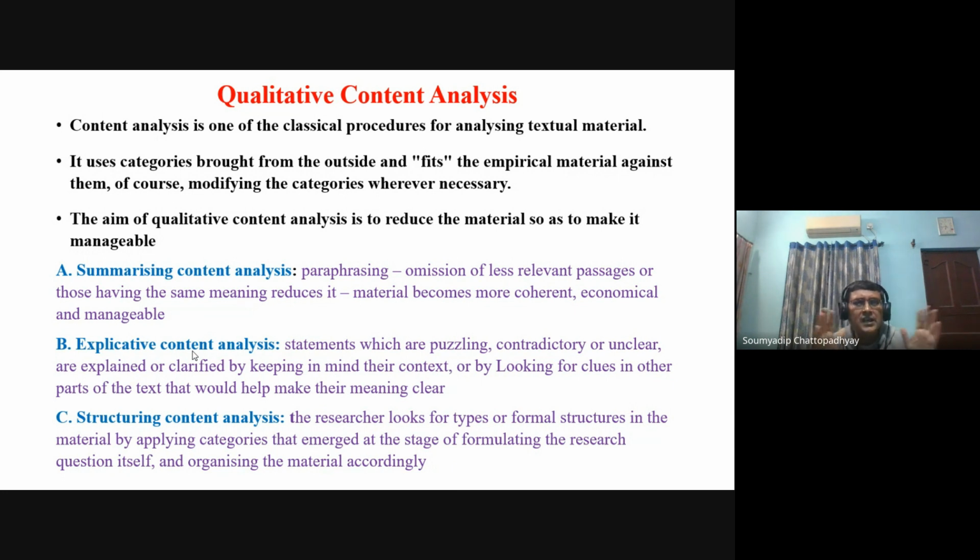Through my lecture today, I have tried to discuss some of the important aspects of questionnaire designing, although I haven't discussed the other nuances in greater detail, because this will be taken up by other experts later on in your research methodology course.